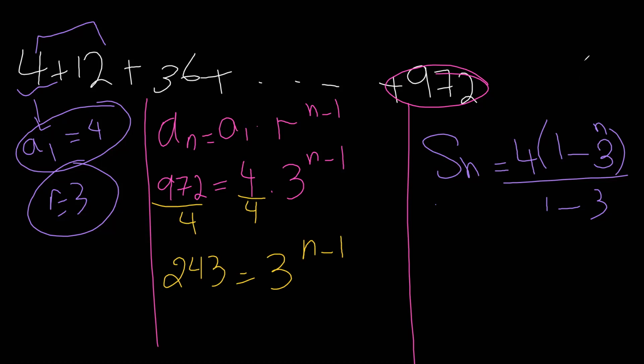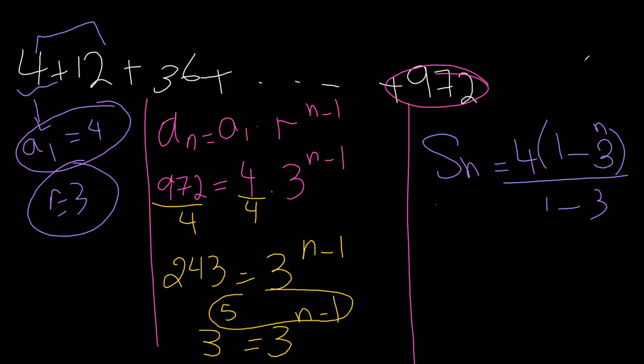Then I will ask myself, here I have to find n, I must have the same base. 243 is 3 to the power what? Power 5, thank you.